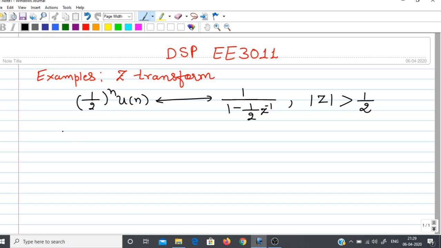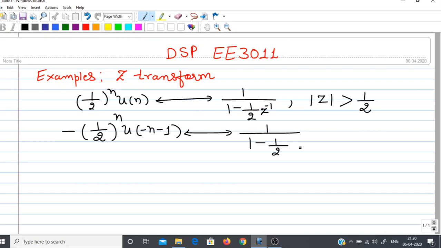And we also worked out another example, which was minus half to the power n u of minus n minus 1, and the z transform of this was evaluated and we obtained 1 upon 1 minus half z inverse with mod z less than half. Now, can we generalize this to examples?